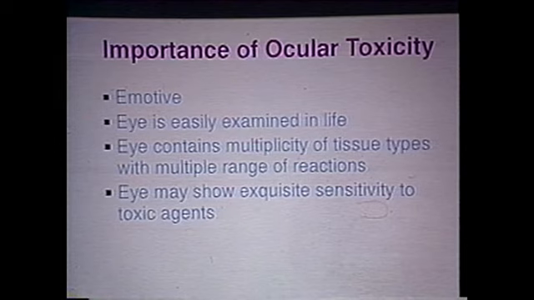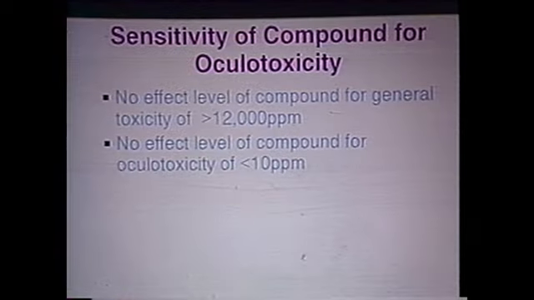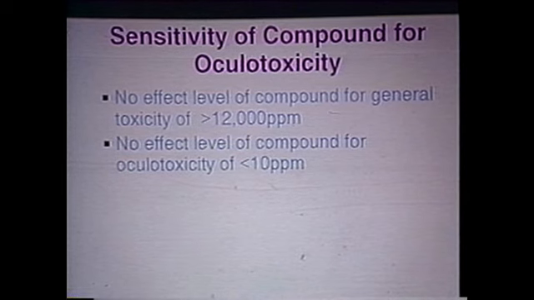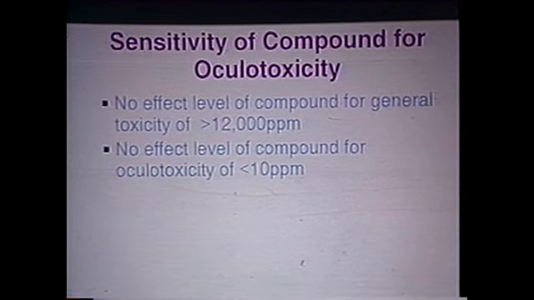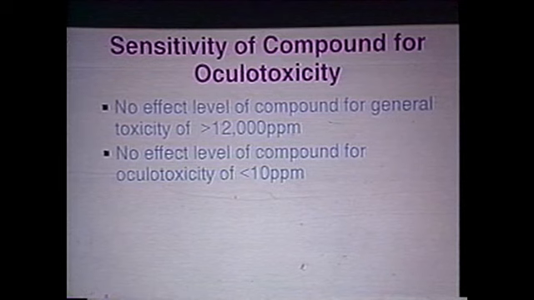And sometimes this toxic damage can be demonstrated with exquisite sensitivity. This slide shows an example of that, where a particular compound that we dealt with some years ago showed the no effect level for general toxicity in rats, that is in terms of body weight reduction, was greater than 12,000 parts per million, which is a considerable dose.